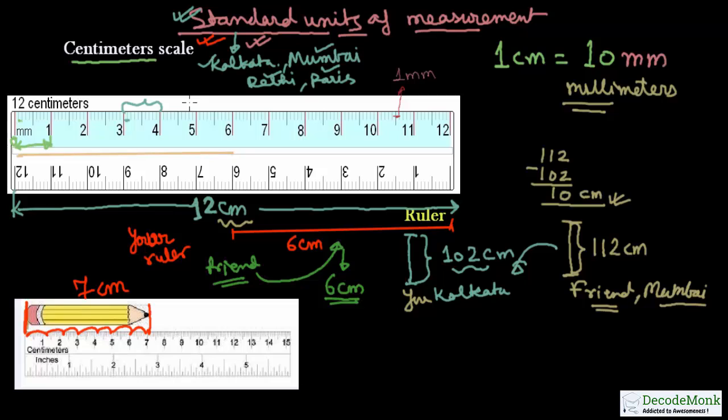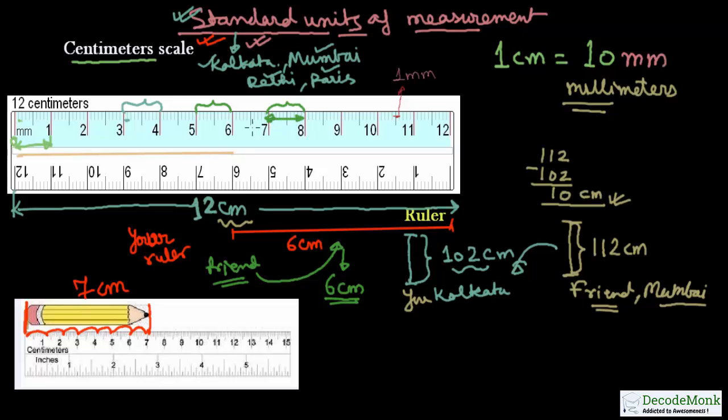The rulers, wherever they are, are standardized across boundaries, across geographies. So whether it is your ruler or the ruler of your friend, all measure centimeter, millimeter, and they are of same length. There are no differences as far as distances are concerned.